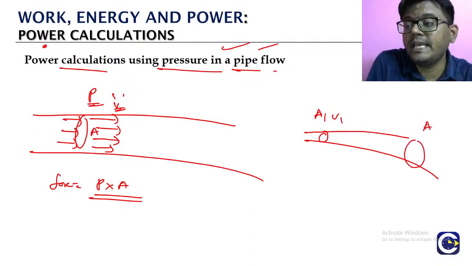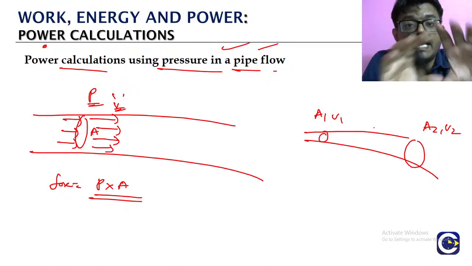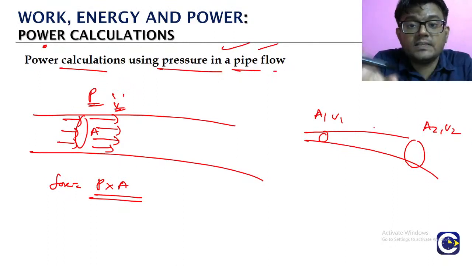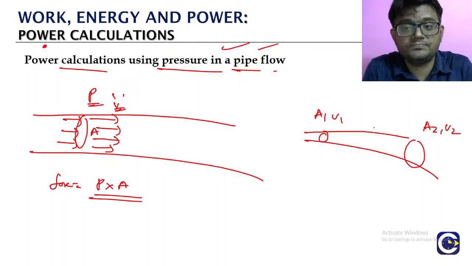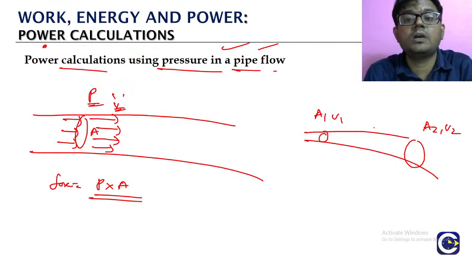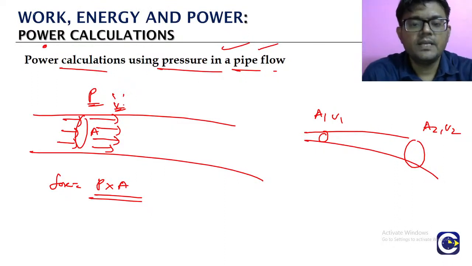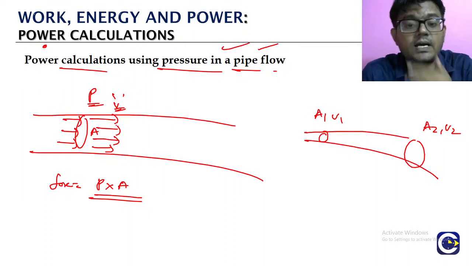Some other place the area is A2, speed is V2. Okay, so if the area of cross section is changing means the speed values also will change. So we'll talk about a relation between them. That is what we will be calling as equation of continuity. That and all we'll see later. Okay, but here let us come back to our discussion.